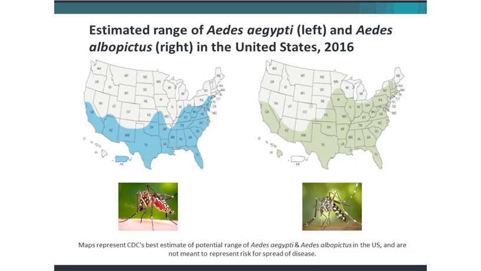Aedes albopictus in laboratory studies has been shown to be capable of transmitting Zika virus, and there have been one or two outbreaks overseas associated with Aedes albopictus. But the chief concern here in the Americas, and especially in the United States, is with Aedes aegypti. These are very closely related mosquito species, and you see the distribution in these maps. Next slide.